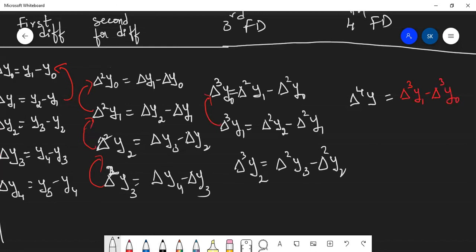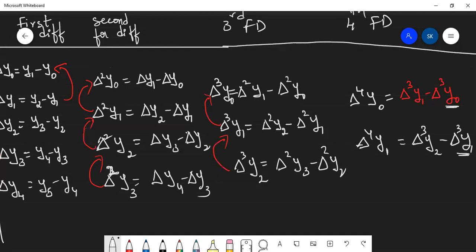The suffix is the right-hand part, delta power 4 y0. Then you subtract delta cube y2 minus delta cube y1, and the suffix will be 1.